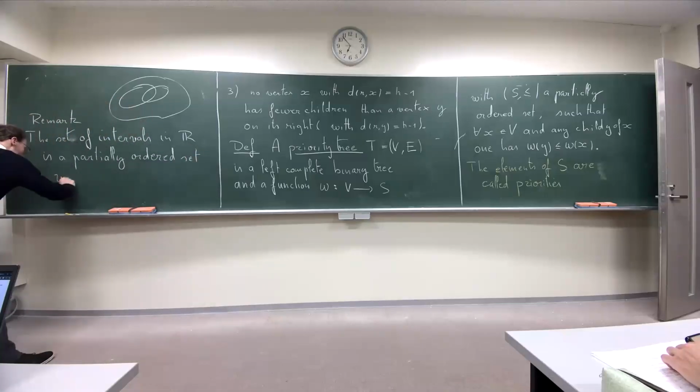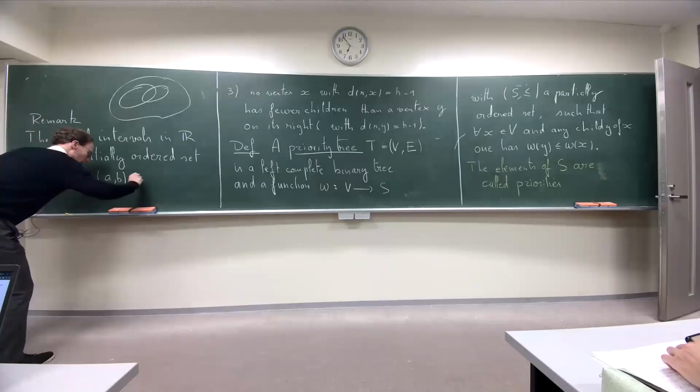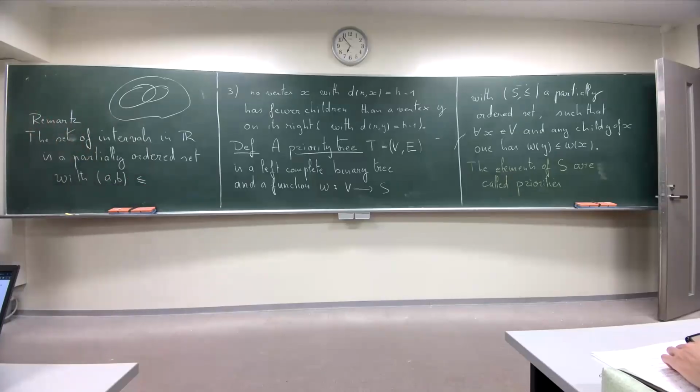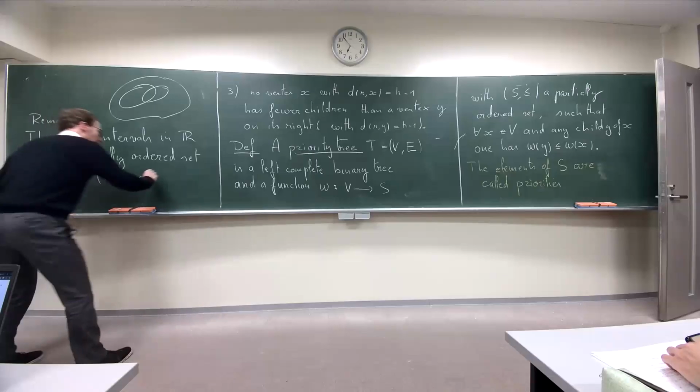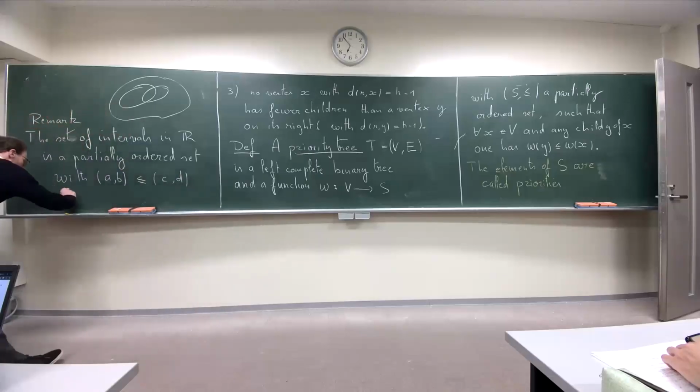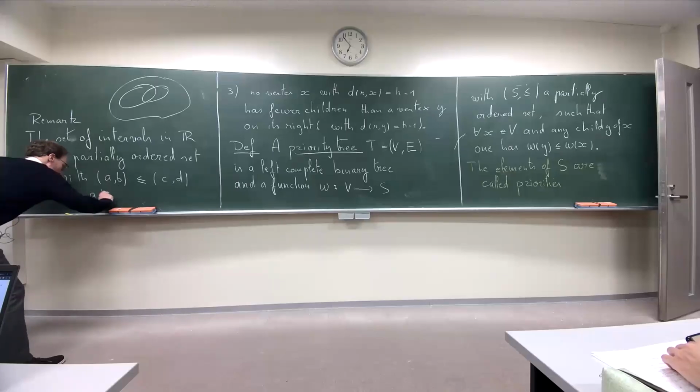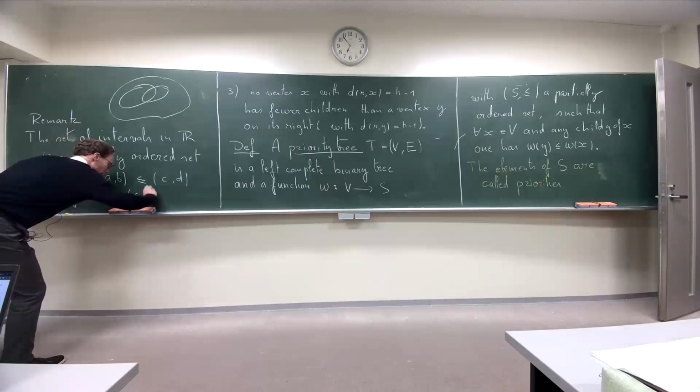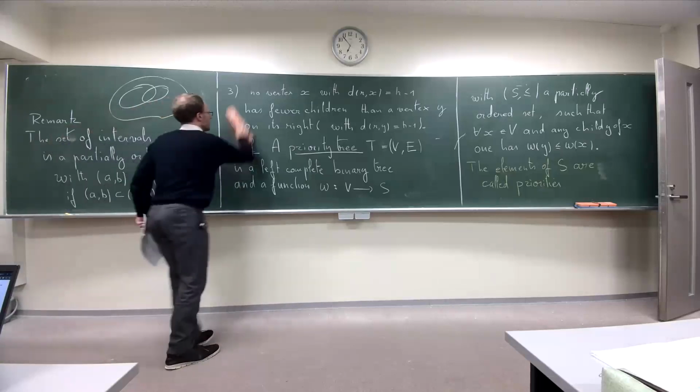And what is a partial order? Take an interval AB. You're going to say that AB is smaller than CD, be careful, these are intervals, if AB is included in CD.